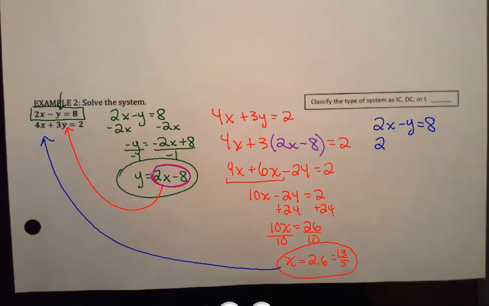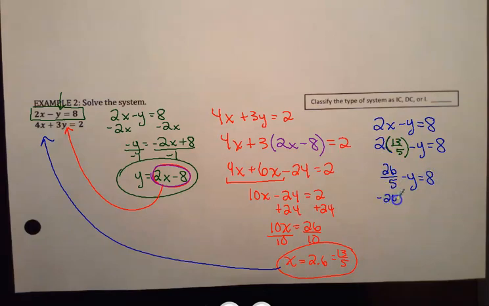Well, wait a minute. x is equal to 13/5. Okay. Then minus y equals 8. So that's where I plugged in the 13/5. So 2 times 13 is 26/5 minus y equals 8.